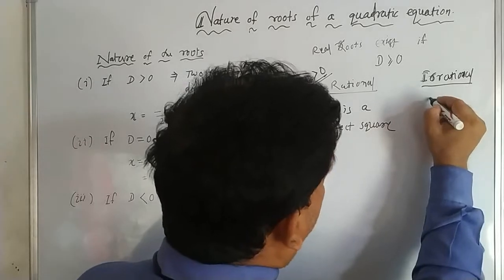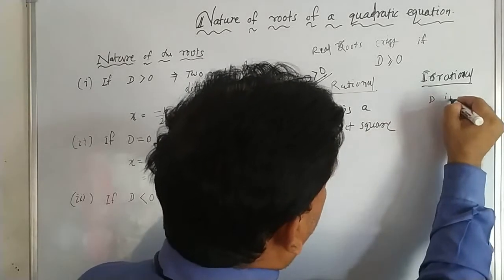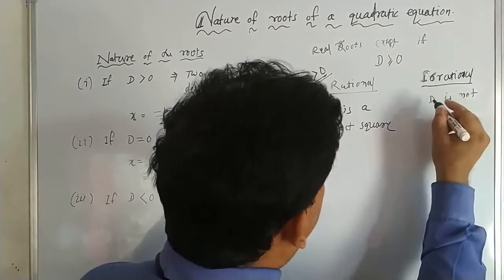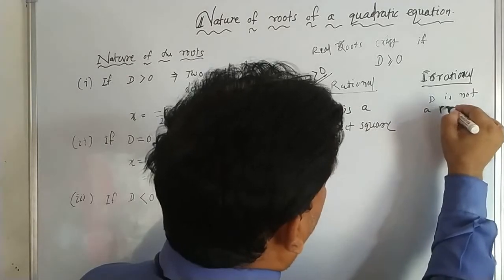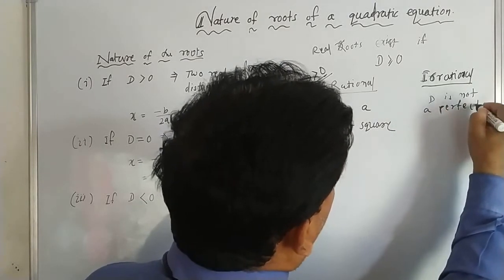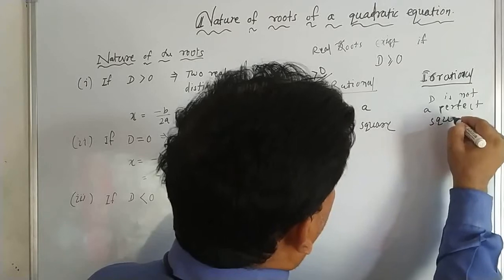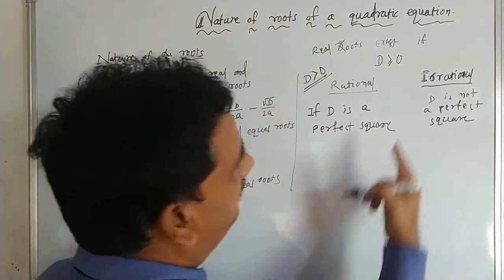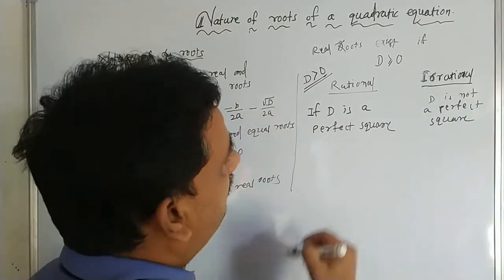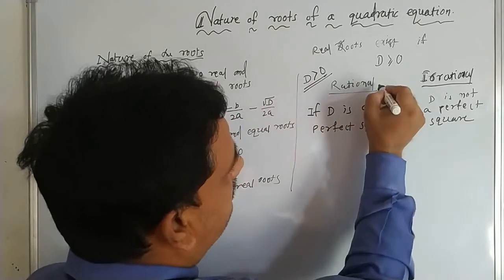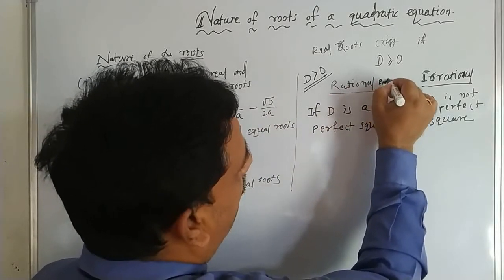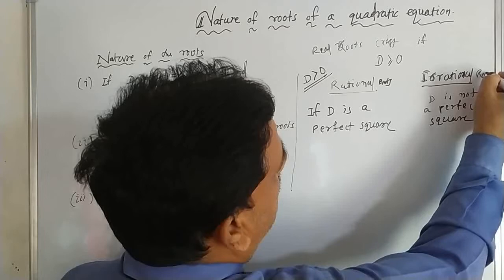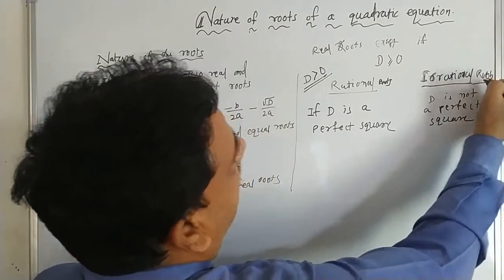And if D is not a perfect square, then you will get irrational roots. So rational roots and irrational roots, that also you can say.